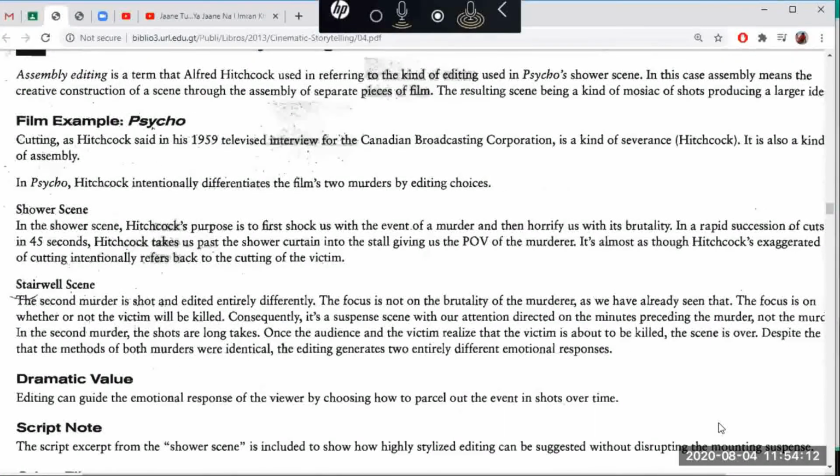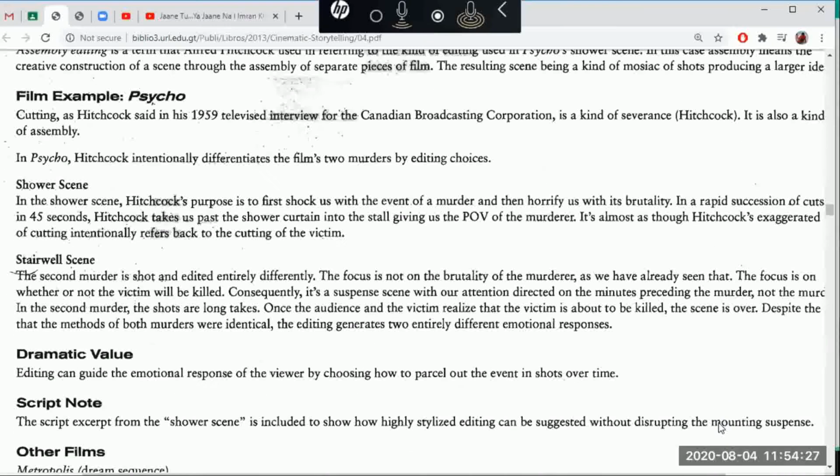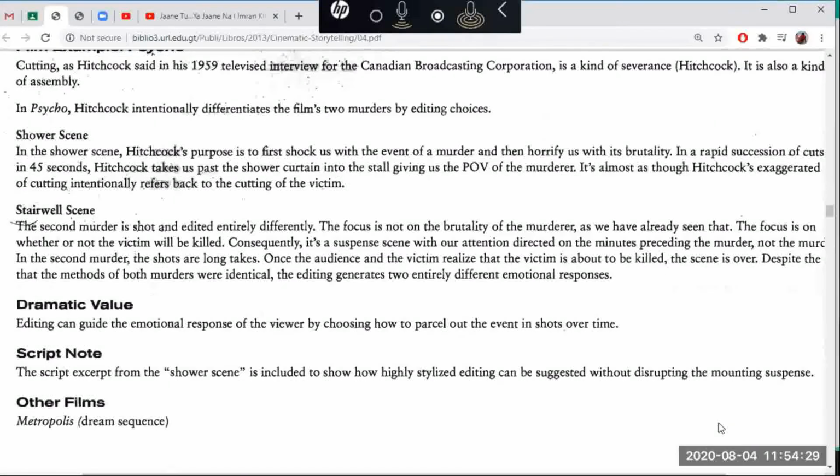Okay, you may have heard of this film Psycho, right? It's a very famous film by Hitchcock from 1959. It says that Hitchcock used a number of different types of montages, and two distinct examples would be two murders that are actually included in this film.